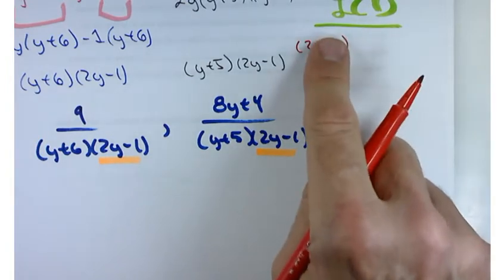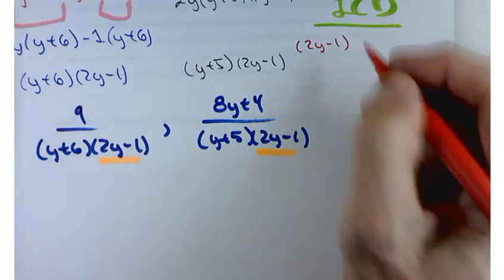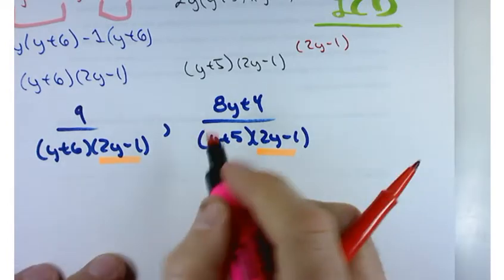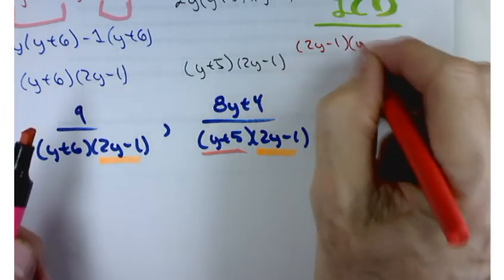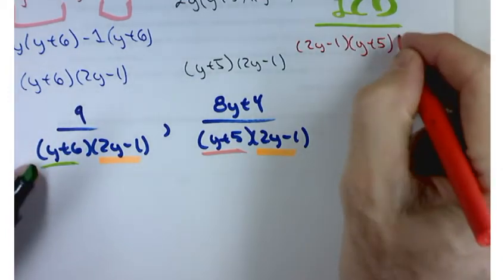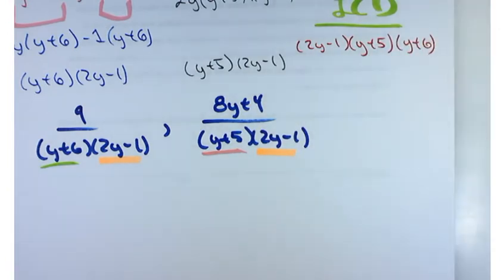First power. It's always to the highest power, and well, the highest power is a 1. What else do I need there? Thank you. y plus 5. And one last term. Good. y plus 6. So you have to have all the different factors multiplied to the highest power of each.